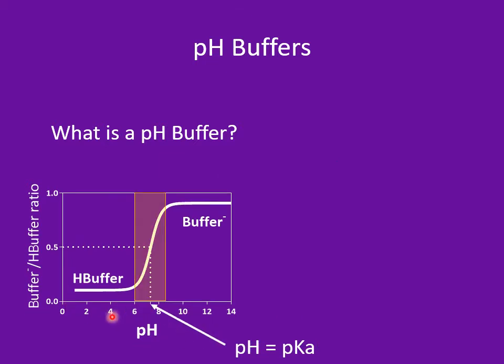If you see this part of the graphic where pH is near pKa, a little change in pH would make a huge change in the proportion of the buffer in the acid form or the base form. But if you go to the extremes, this part or this part, a huge change in pH won't change the proportion of the buffer in the base form or the acid form.